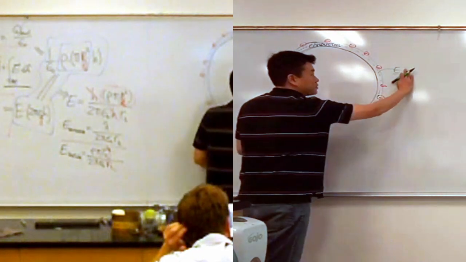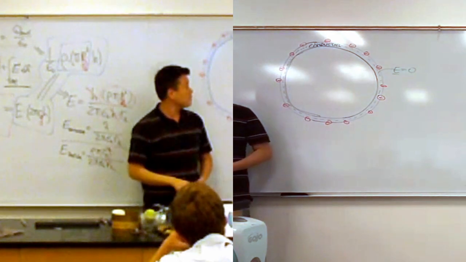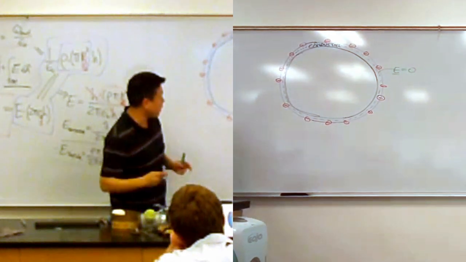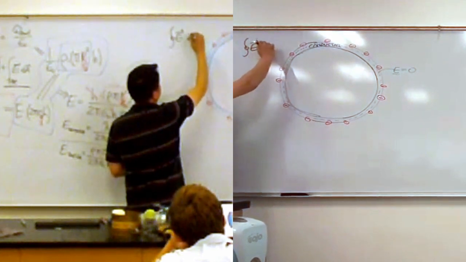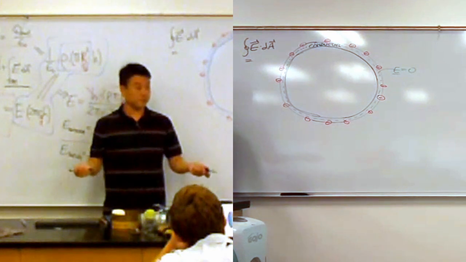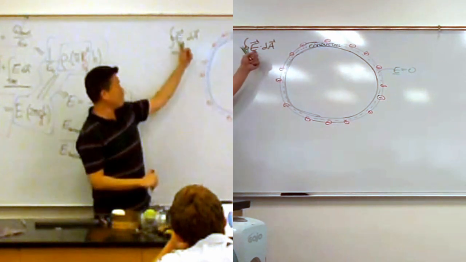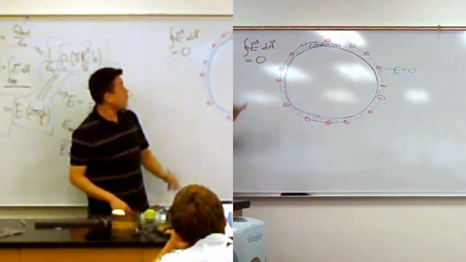So nothing's changed here. When you calculate the net flux, the integral of E dot dA, what do you know about E dot dA? It's equal to zero, because your electric field is zero. The integrand is zero, so it's zero no matter what.